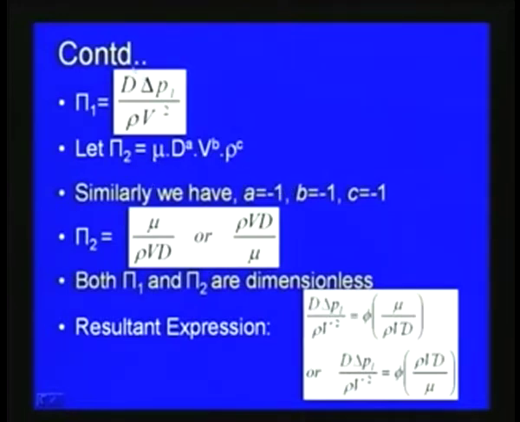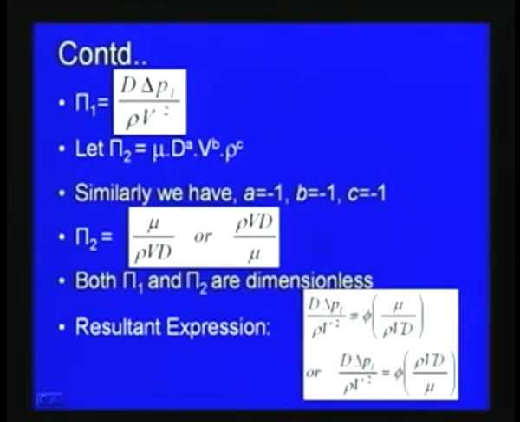As we have done earlier, we can find a, b, c: a is equal to minus 1, b is equal to minus 1, c is equal to minus 1. Finally, we get pi 2 is equal to mu divided by rho v d, which can also be expressed as its reciprocal, rho v d by mu. So, we get both pi 1 and pi 2, which are dimensionless groups.